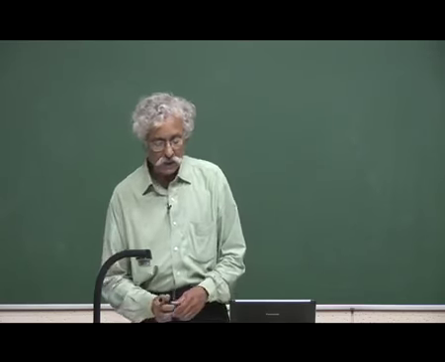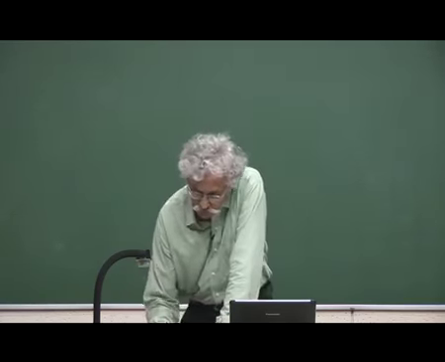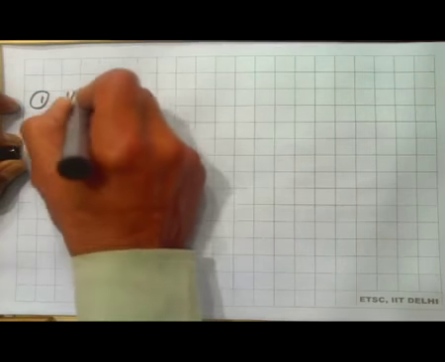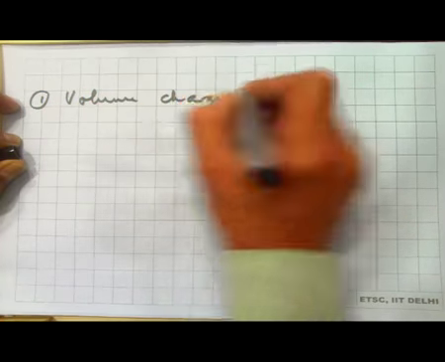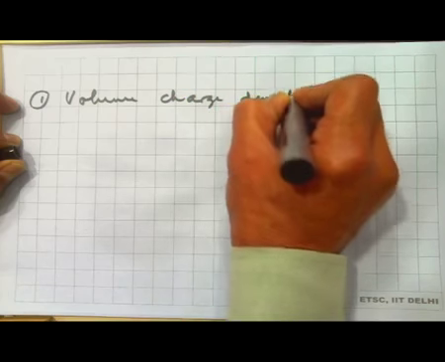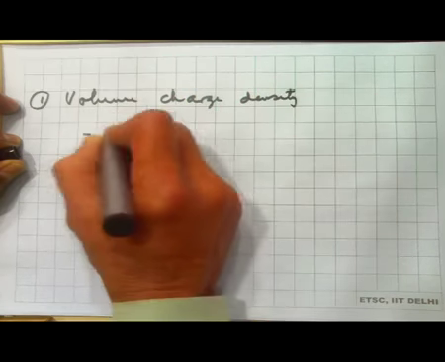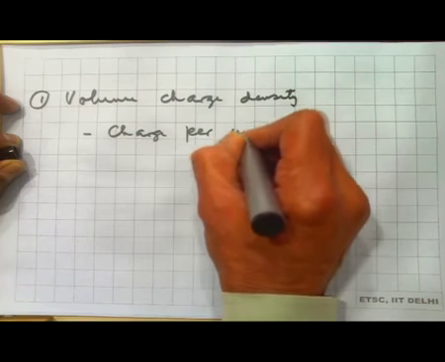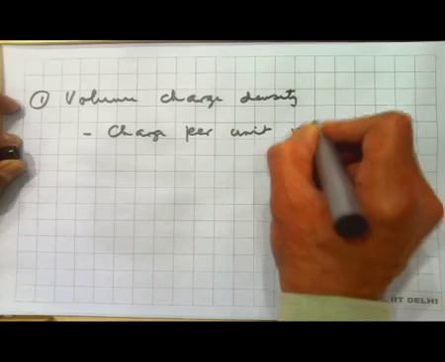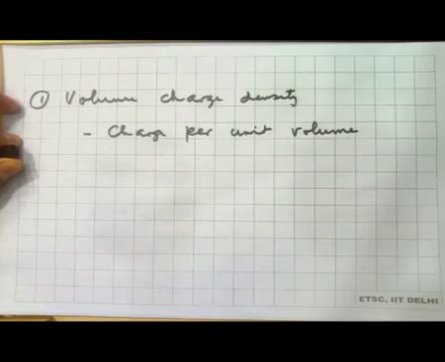Okay, so, how do I define these various charge distributions? So, first is volume charge density. This is defined as charge per unit volume. So, let me take an example.